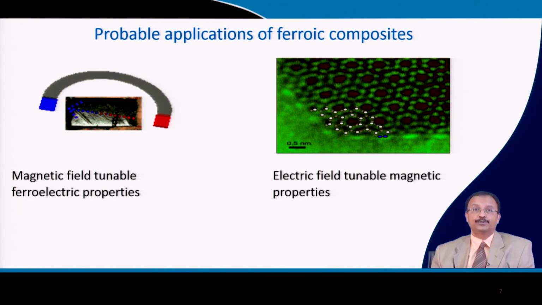So, that is also possible. Various types of sensor and actuator devices can be made if this material can be properly synthesized and characterized accordingly. So, that is also interesting for futuristic device applications of this type of composites.